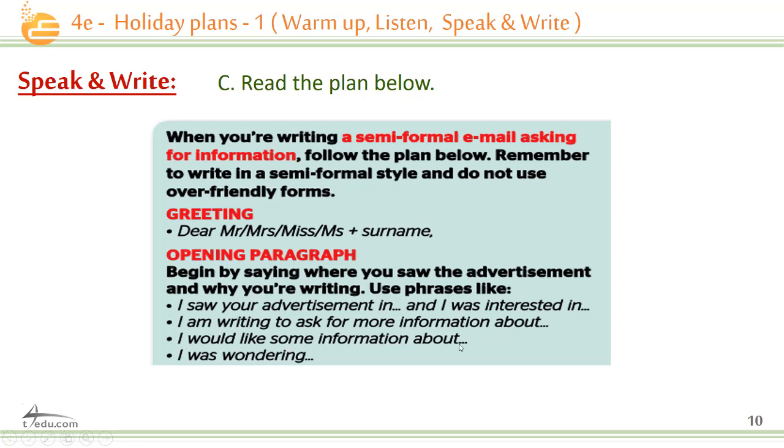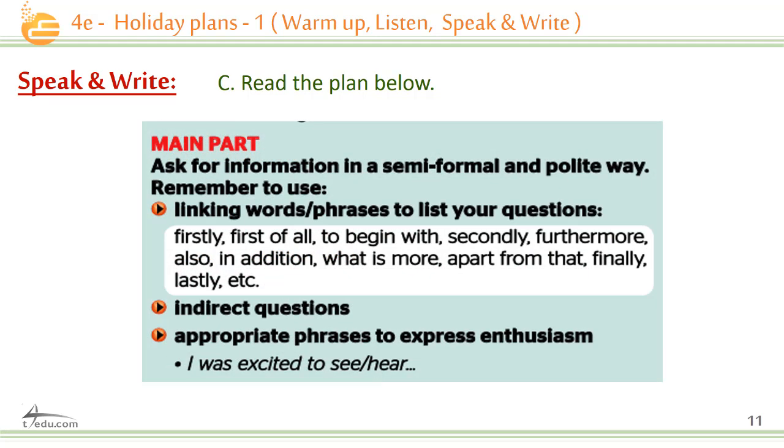I would like some information about, I was wondering, okay? So you use these phrases in any opening paragraphs. Now the main part. The main part is you ask for information in a semi-formal email in a polite way. Remember to use linking words. Firstly, first of all, to begin, this is where he listed his questions.